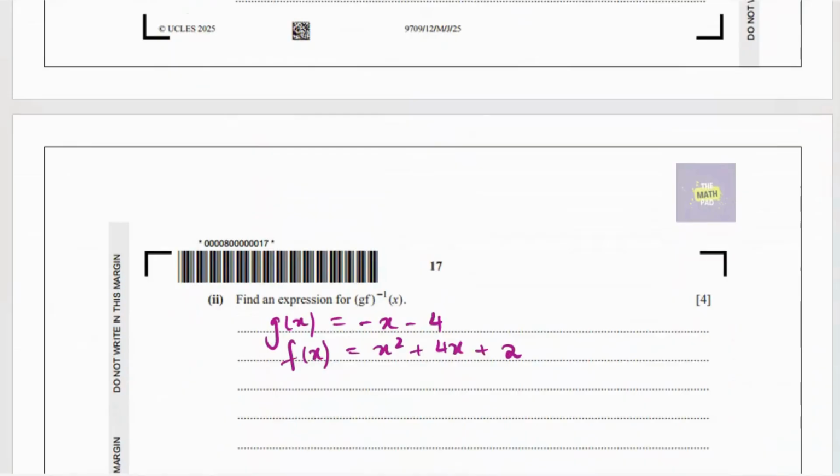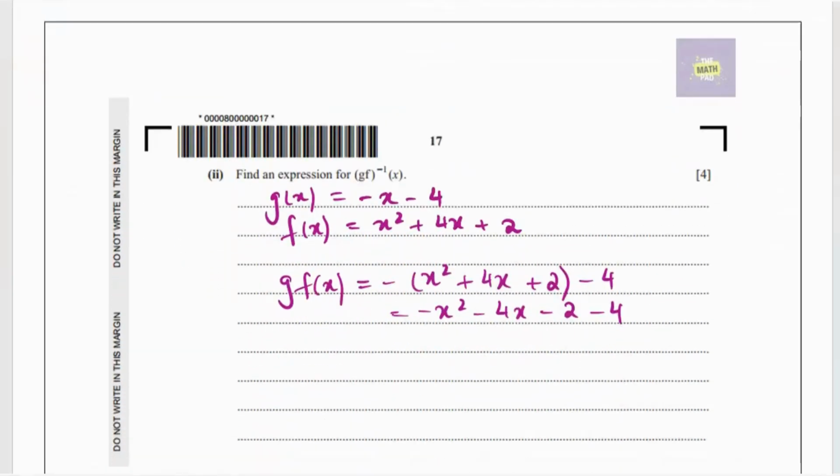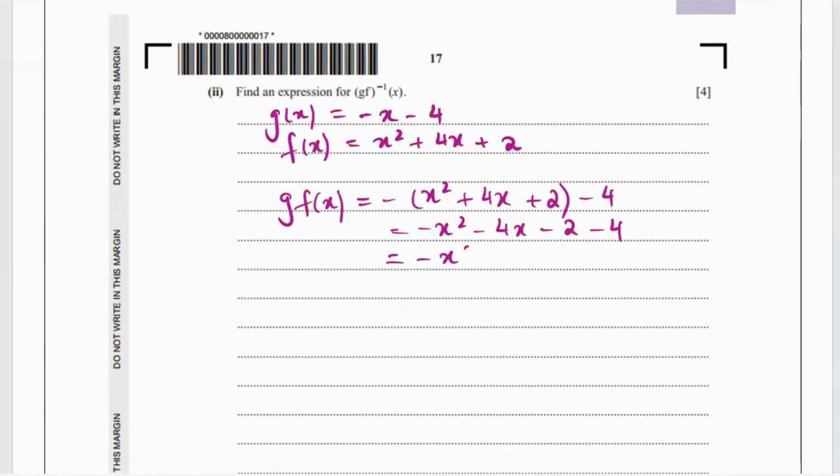So we're substituting f of x into g of x first. So g f of x is going to be negative x squared plus 4x plus 2, minus 4, which is negative x squared minus 4x minus 2 minus 4, which is negative x squared minus 4x minus 6.